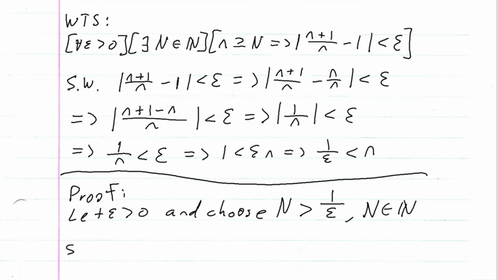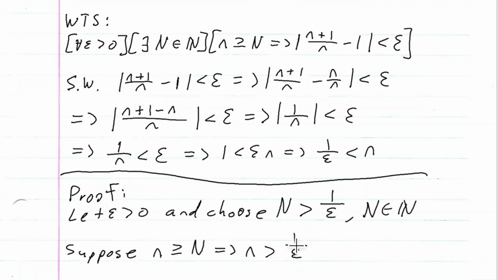So we'll suppose that little n is bigger than or equal to big N. All right, since little n is bigger than or equal to big N, and big N is bigger than 1 over epsilon, this means that little n is bigger than 1 over epsilon, right?